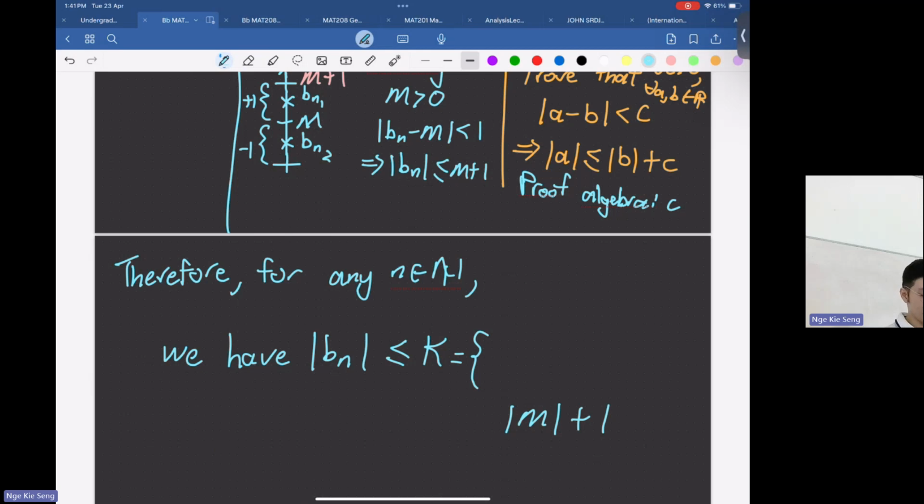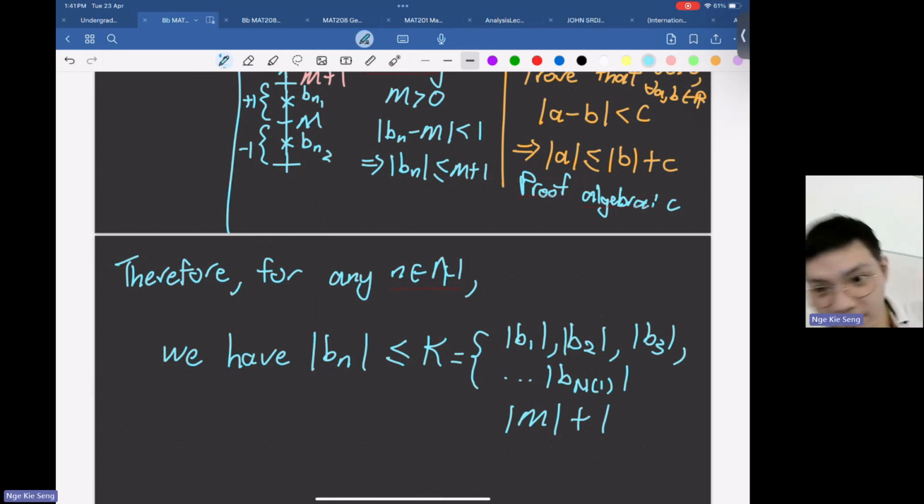What are those finite guys? Those are B1, B2, B3, all the way up to B of n of epsilon equals 1. Okay, it should be enough.